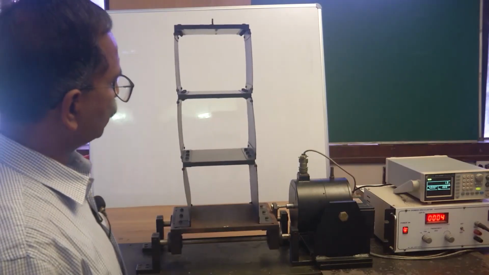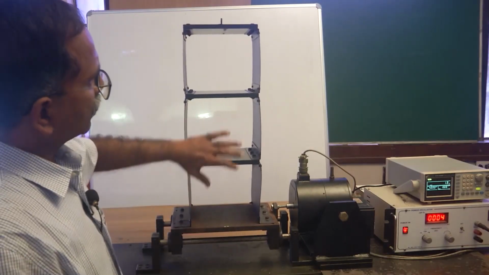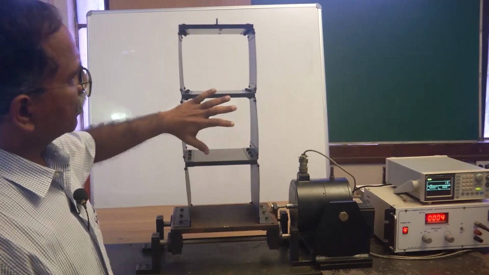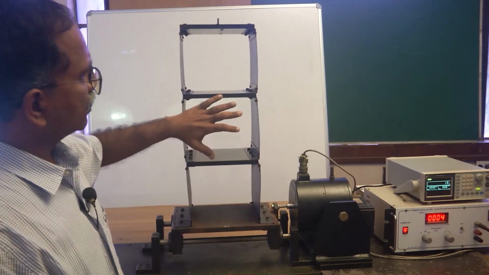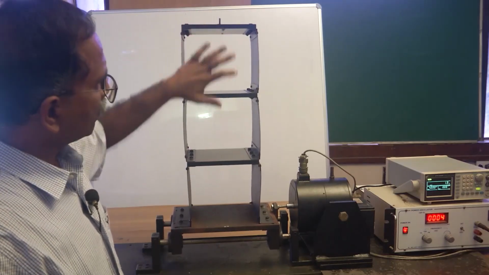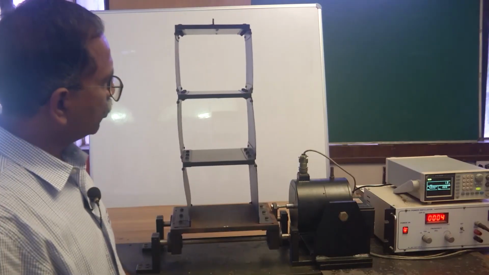All the masses move in phase, and if you do the numerical calculation of this as a multi-degree of freedom system, modeling this as a 3-degree of freedom system, it is possible to show with the numeric values of these masses and the stiffnesses which we shall provide you.